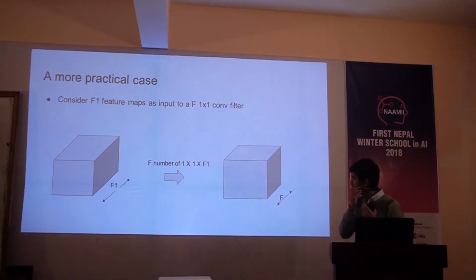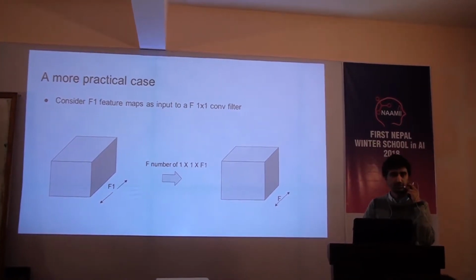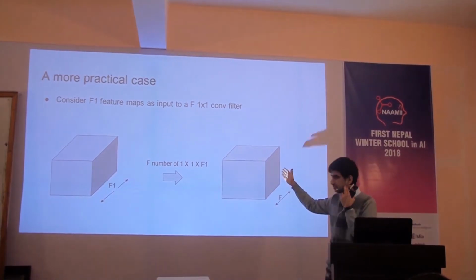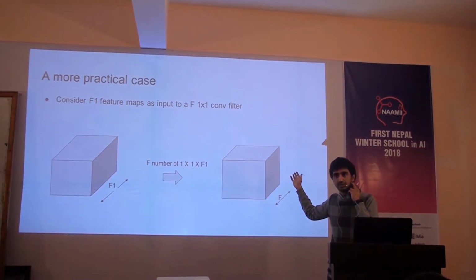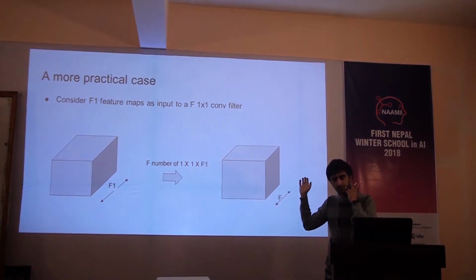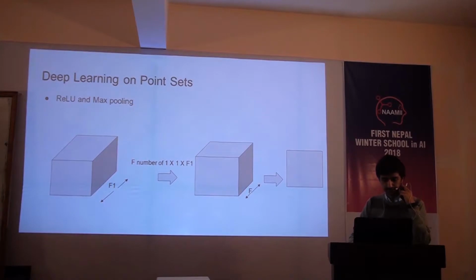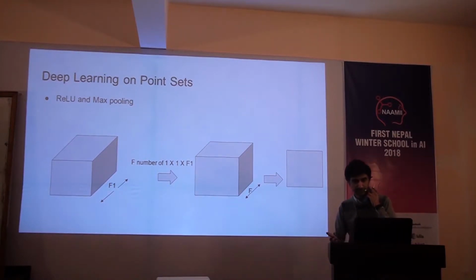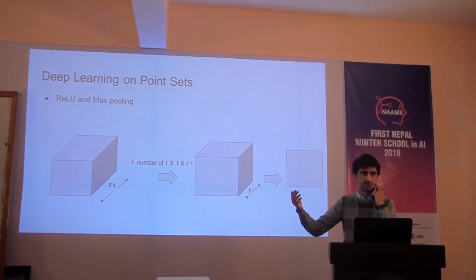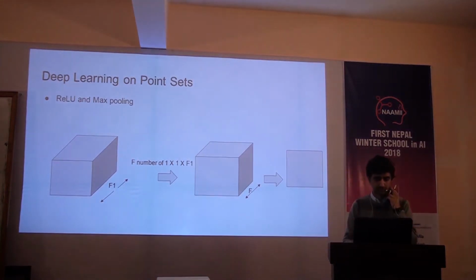But in deep learning, we introduce nonlinearity. For example, after you apply the filters, you always apply some nonlinearity, like ReLUs. You throw away all the negative values and put 0 there. So these kinds of operations will learn a higher dimensional representation just by doing 1-by-1 conv.